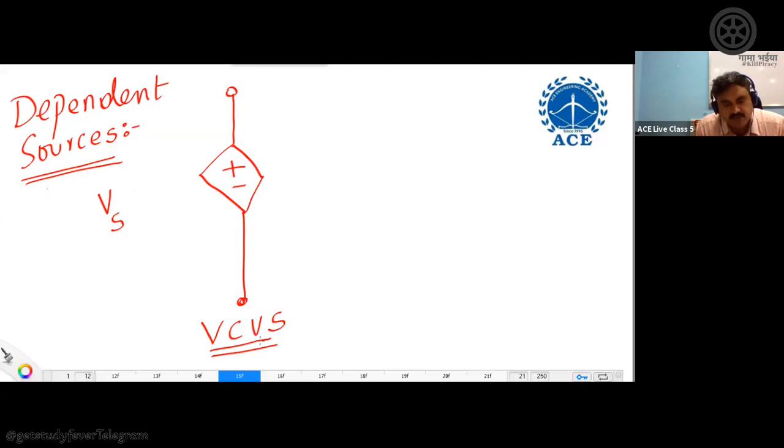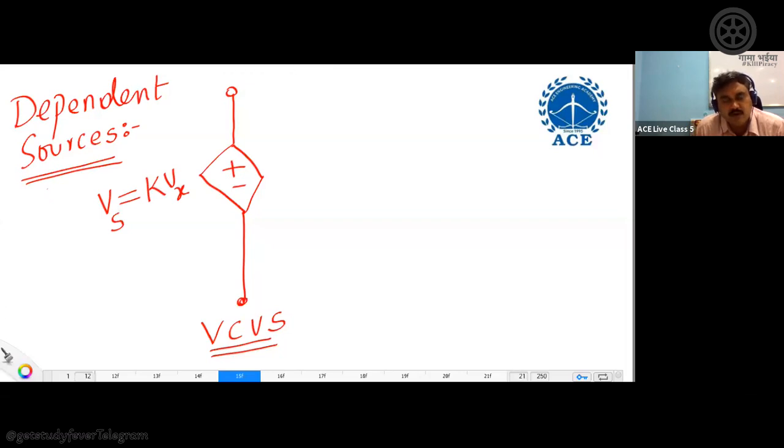So the value of this voltage source Vs is controlled by the value of the voltage that is present on any other network element X present in the network. So we don't know what is that network element as of now, but on that network element, it will have some voltage. That voltage will be controlling your dependent source. That is most important observation here. That is what is meant by dependent sources.